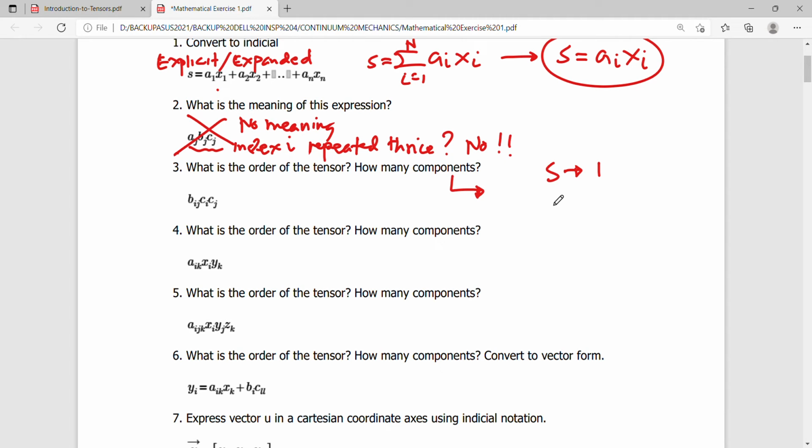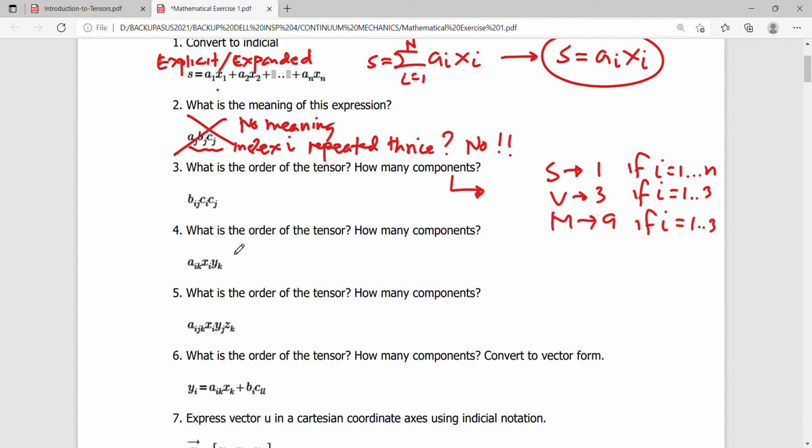Your vector has three components if your index range is from 1 to 3, and your matrix has 9 components if the index is i equal to 1 to 3. Of course, for the scalar, any value of n or i can be used, and it will yield the same number of components. So this is the meaning of the word component there.